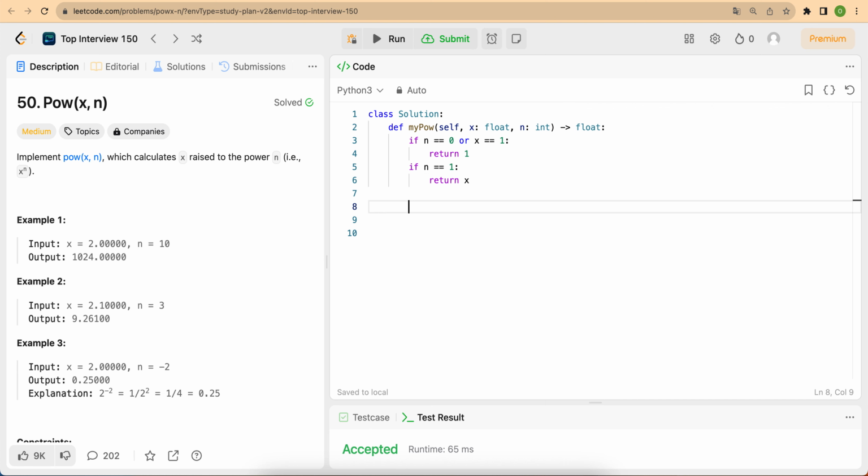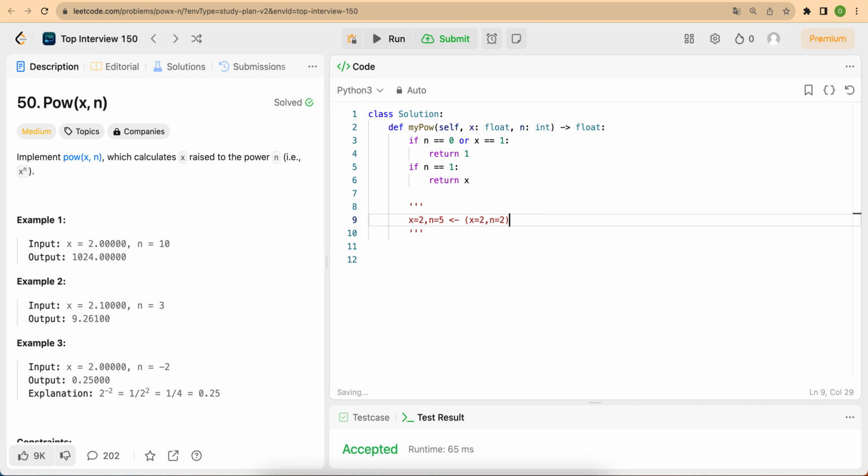So let's see, when our n is equal to 5, let's take this as an example to illustrate. If our x equals 2 and our n equals 5, all we need to do is calculate x equals 2, n equals 2, and then we will use this result.